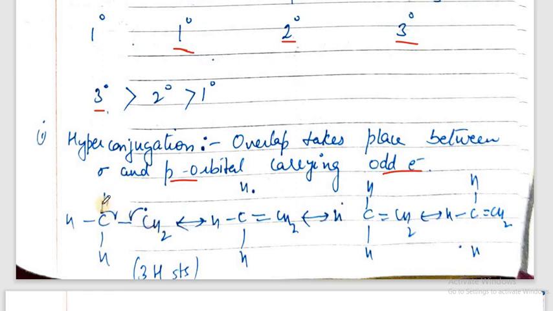This bond means two electrons, and the single electron is indicated by this single arrow. So this electron moves to this, and this electron moves to this. Now here comes the double bond, and this hydrogen is left with one single electron. This electron and this electron both form a bond here, so this bond is formed.